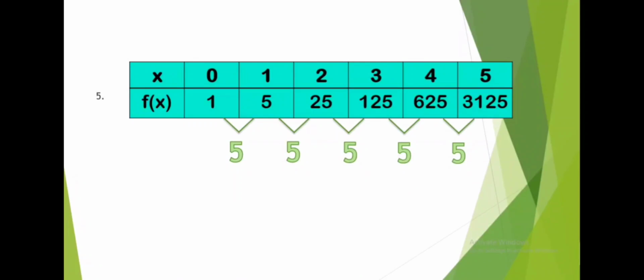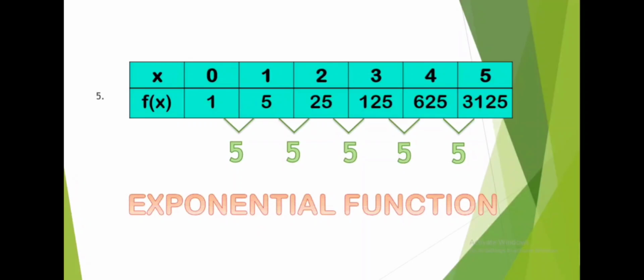And since there is a common ratio, therefore, it is a representation of an exponential function. Now, you already learned how to identify if a table of values represents an exponential function.